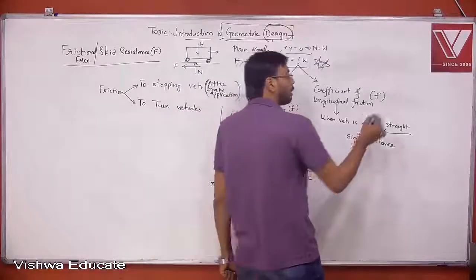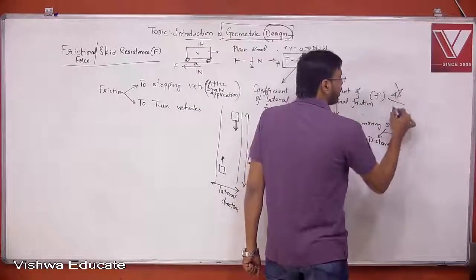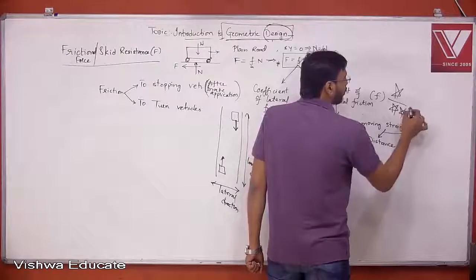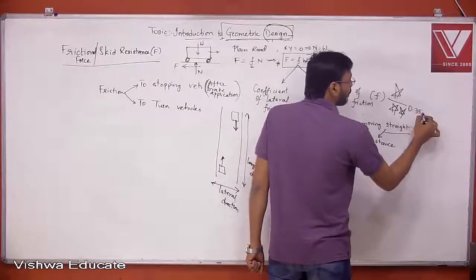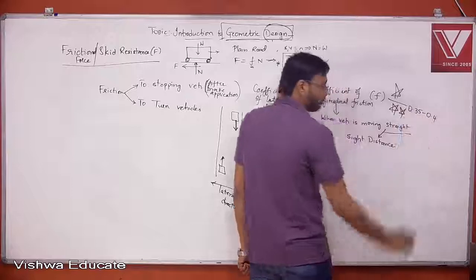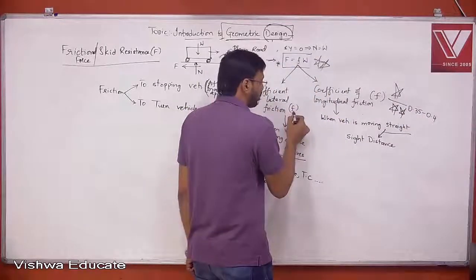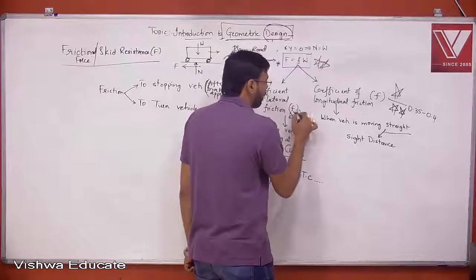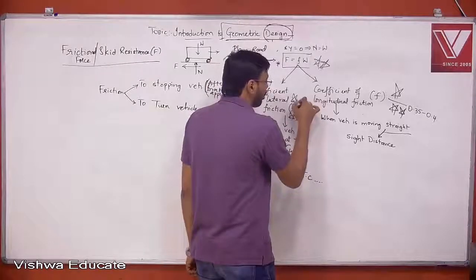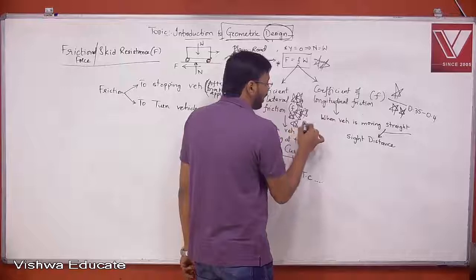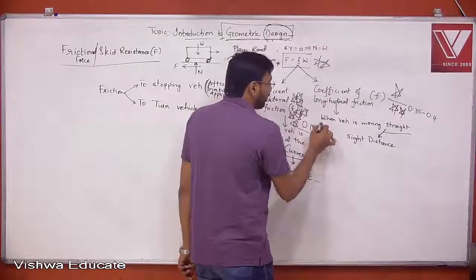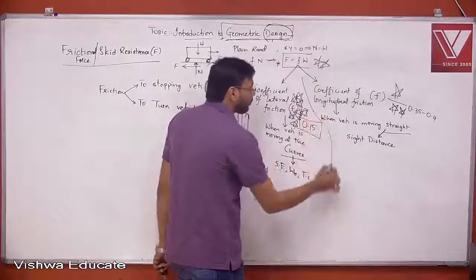Now, the coefficient of longitudinal friction varies from 0.35 to 0.4, whereas coefficient of lateral friction is again a very important, simple one-mark bit asked many times. It is 0.15.